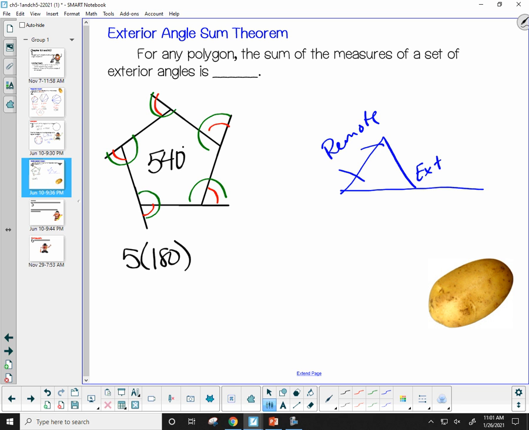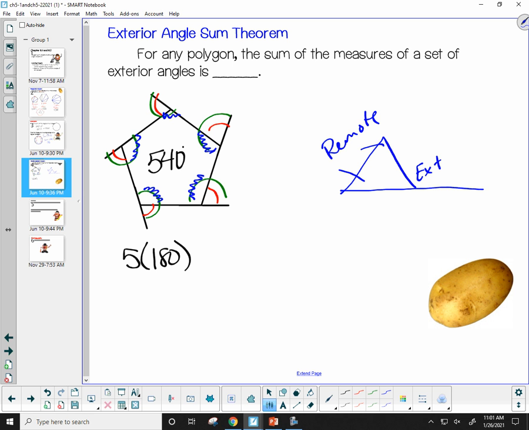So I want to remove this part, this part, this part, this part, and this part. So those blue pieces there, what is that really? All those blue pieces together, my 540, right? Those are all my interior angles.